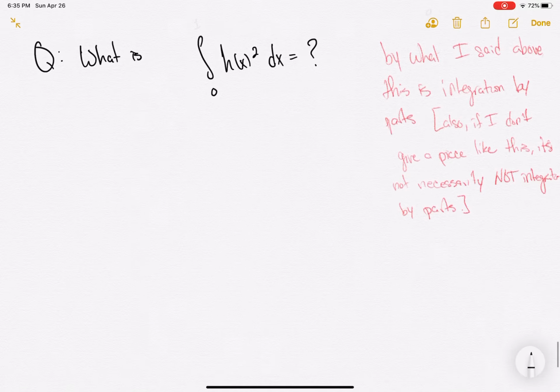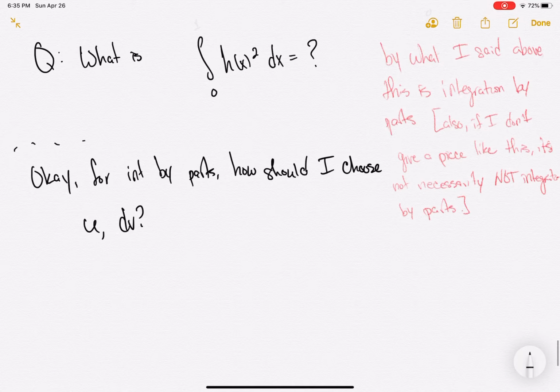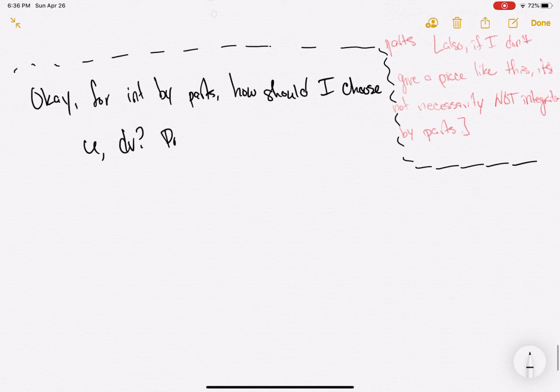So we see a piece like that, makes this integration by parts. The real question is, okay, for integration by parts, how should I choose u and dv? It turns out the priorities do not do a great job here.